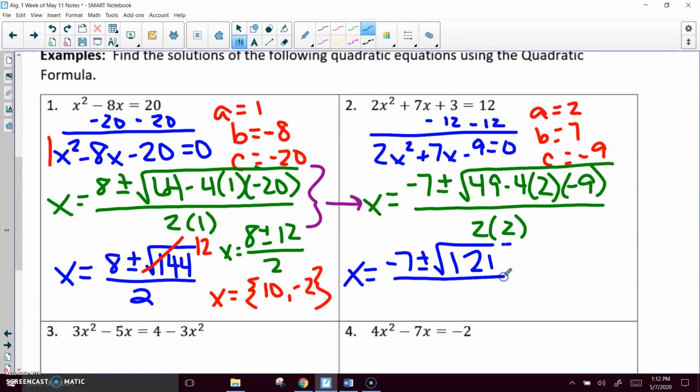All over 2 times 2 is 4. Do we know the square root of 121? By golly, the square root of 121 is 11. So that gives me -7 plus or minus 11.